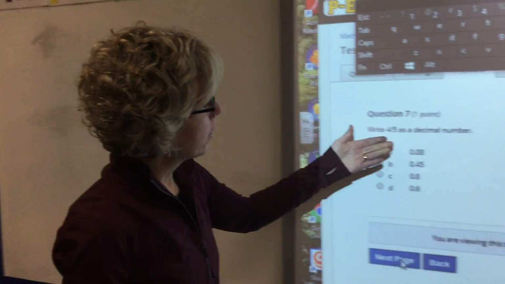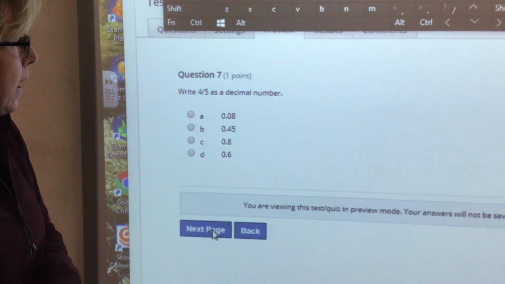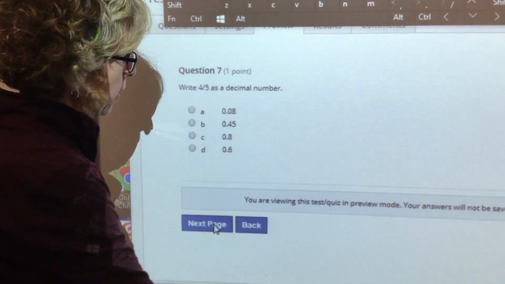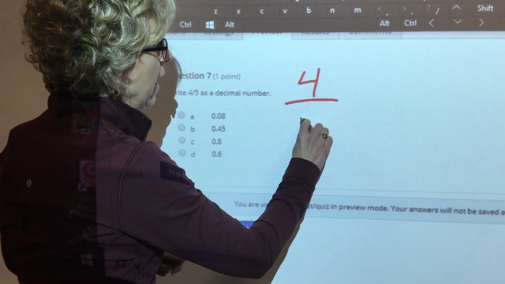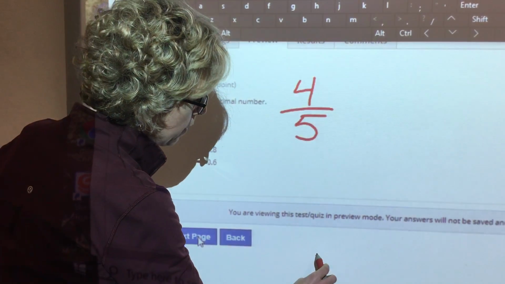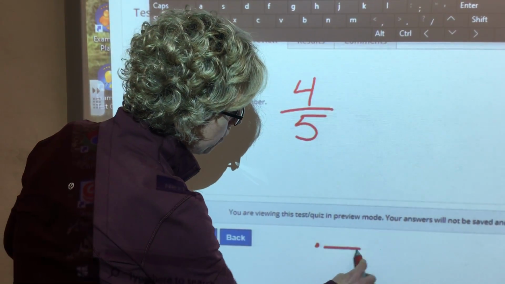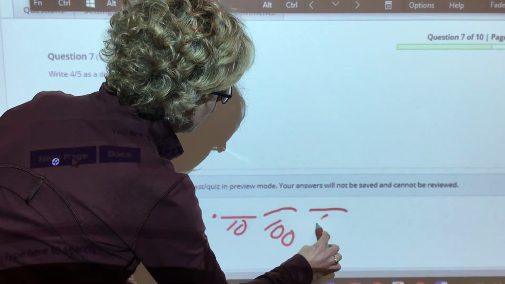All right, again, we're going to convert this fraction 4/5 into a decimal number. As we look at that, I know I've got a denominator of 5, and as we said before, when you're converting that to a decimal, you think to yourself something over 10, something over 100, something over 1,000.